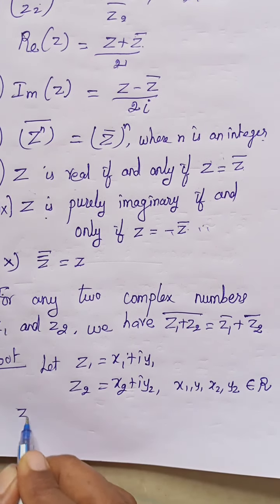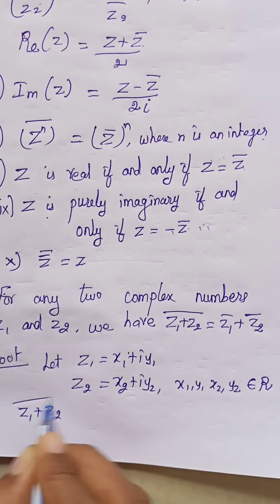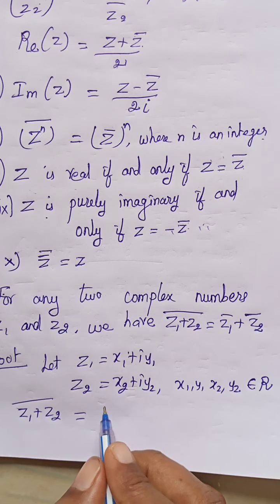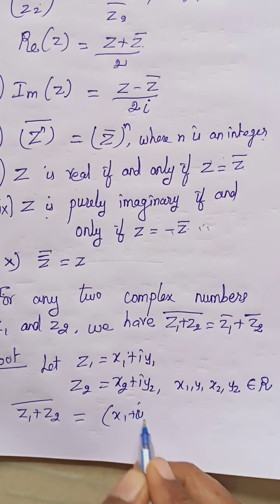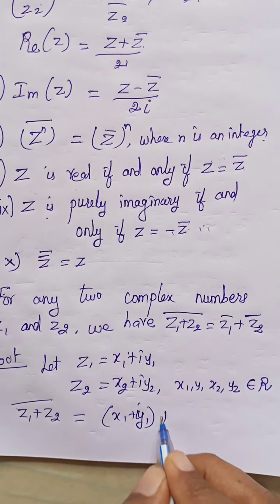Now, shall we find (z1 plus z2) bar? z1 is x1 plus i y1 plus z2 is x2 plus i y2, the whole bar. First I have to add it. We get x1 plus x2 plus i into (y1 plus y2), the whole bar.